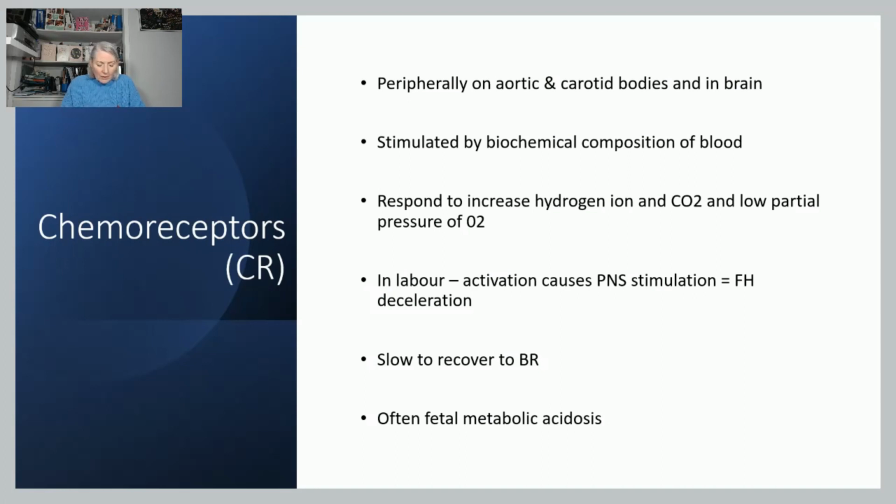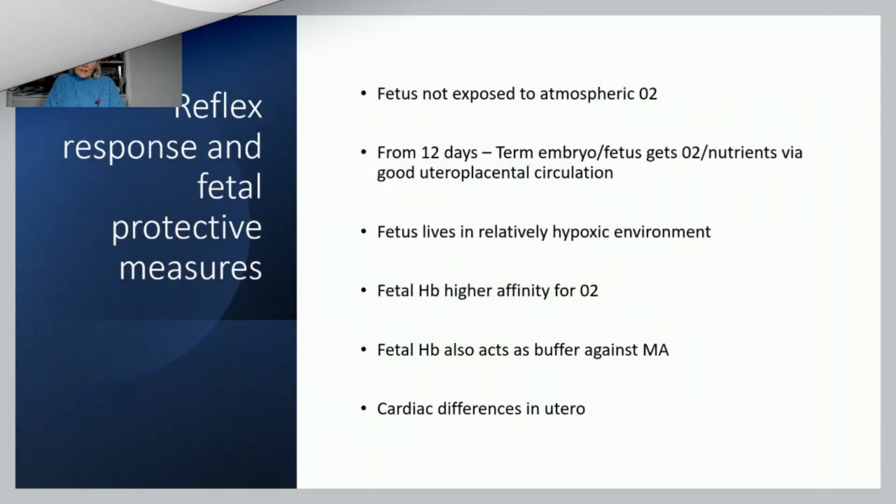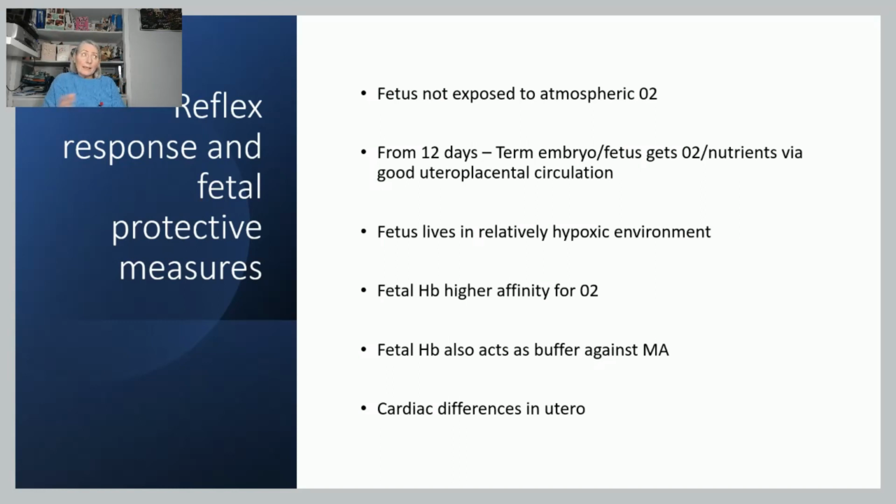So often these types of chemoreceptor decelerations are associated with metabolic acidosis. So you can see here they're decelerating, but they're much, much slower to actually go back to the baseline. So we're going to just take a little step back and have a look at some of the protective measures that the baby actually has to help it cope with labour.